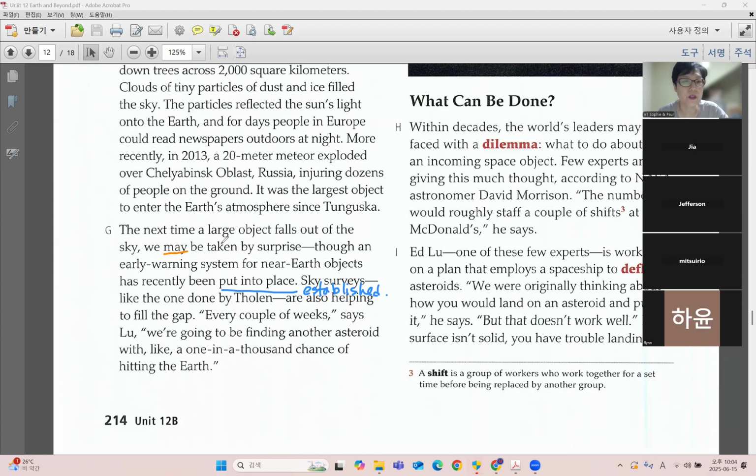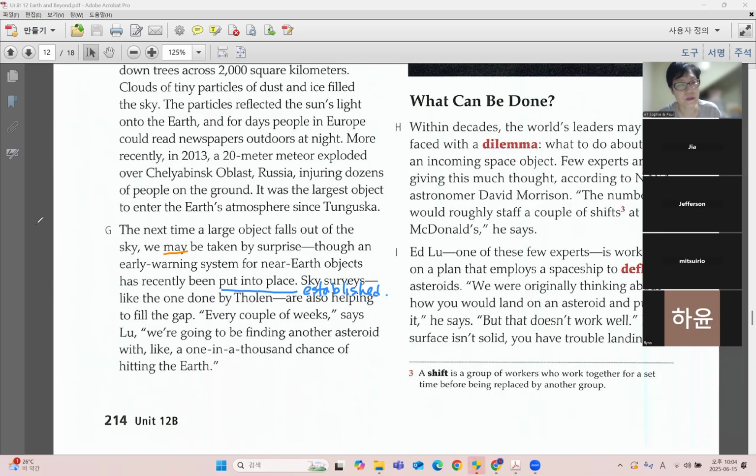Okay, again, we may be taken by surprise, we may be caught by surprise, though an early, advanced warning system has recently been established.